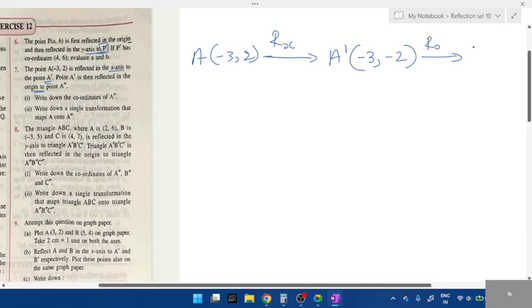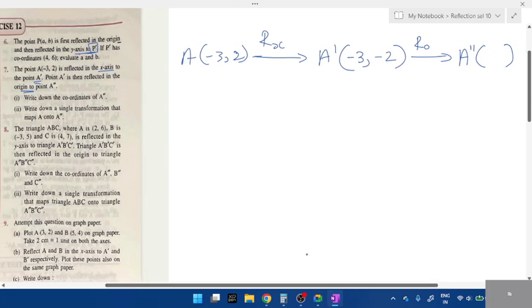Next, this point A is then reflected in which one? Origin. In origin, and what's the name given to that point? Yes. What happens in origin? Both the values will change. Minus 3 minus 2 becomes 3 comma 2. What's the first answer? A double dash is 3 comma 2.